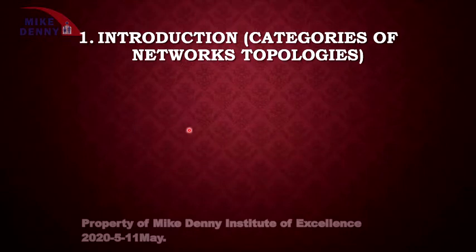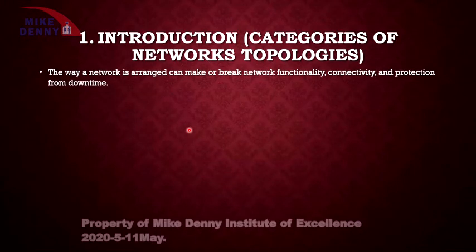Categories of network topology. In fact, the way a network is arranged can make or break network functionality, connectivity, and protection from downtime. Meaning that the way you arrange your network, the way you set up your network, can really make the difference.